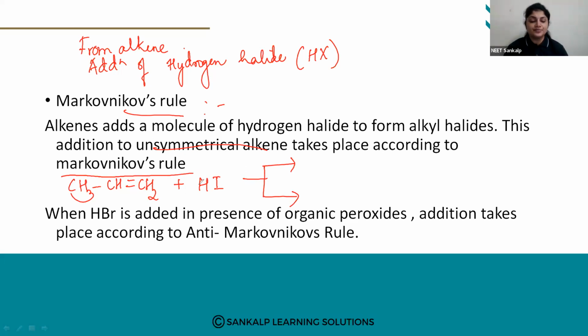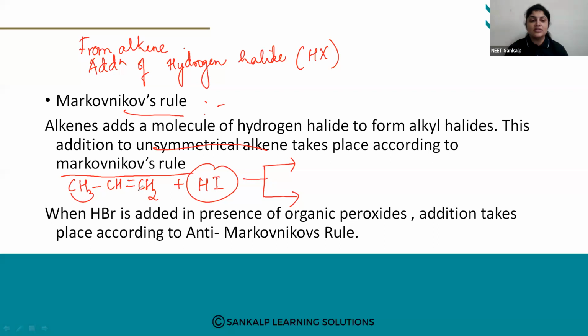Whenever you have an unsymmetrical alkene, across the double bond, whenever you have a hydrogen halide, the halide part will be added to the carbon having more number of hydrogen atoms, and the other part, that is hydrogen, will be added to the carbon having less number of atoms.